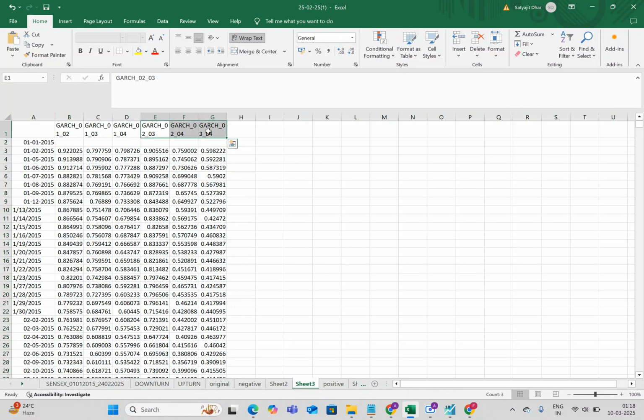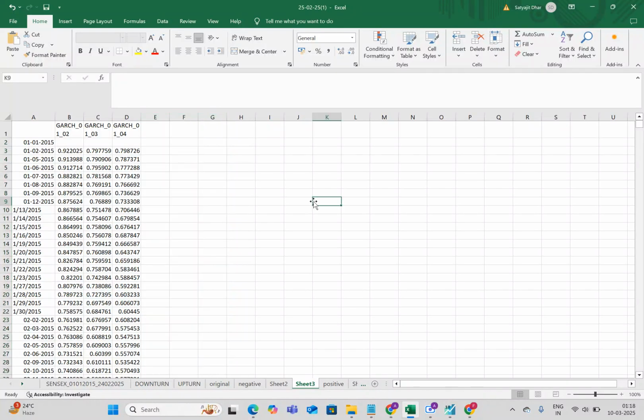So we can delete these three rows, right? So we have it here. Let us now plot it in Excel. First let us write the labels properly. GARCH 1 2 here is Sensex versus PSU.